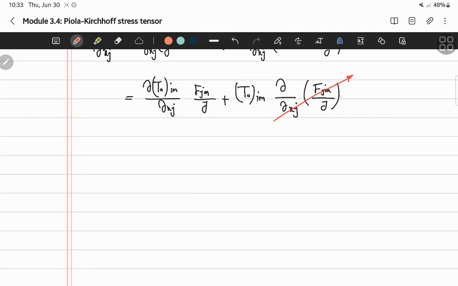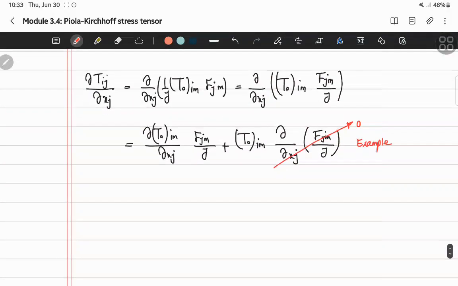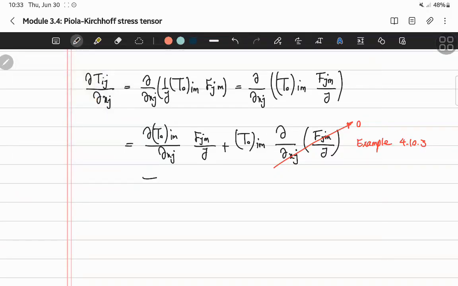So this is 0 from example 4.10.3. So we are only left with this equation here.